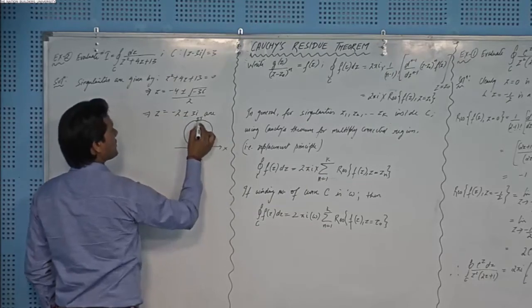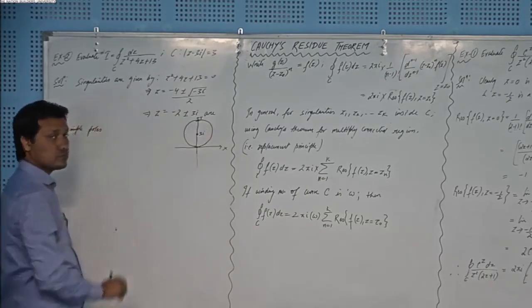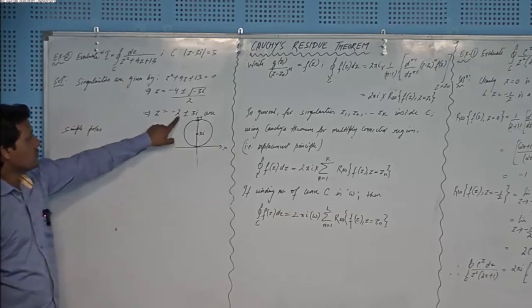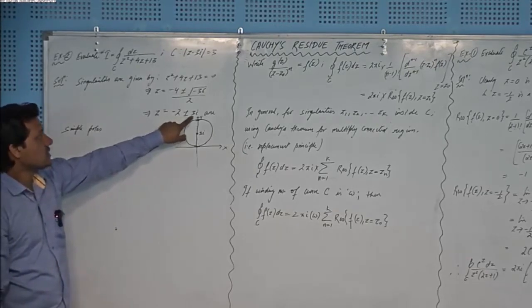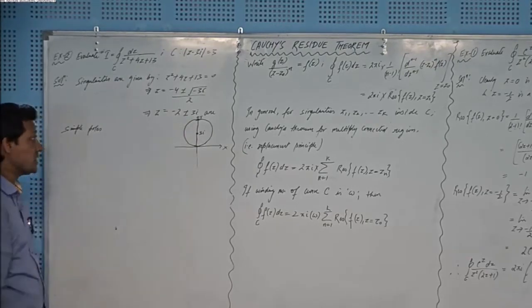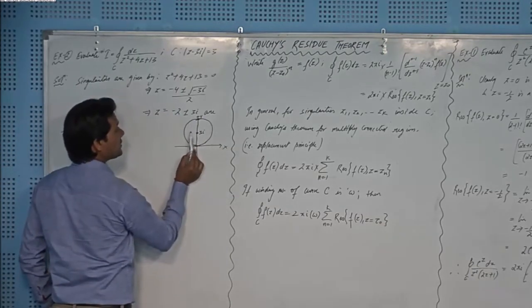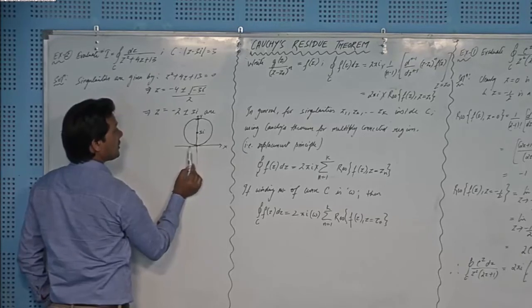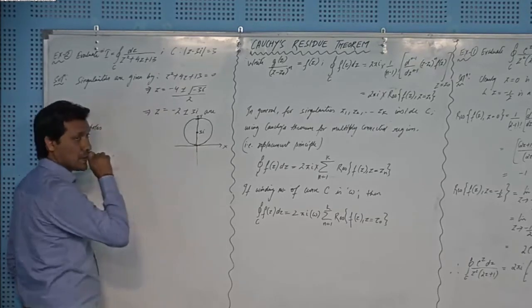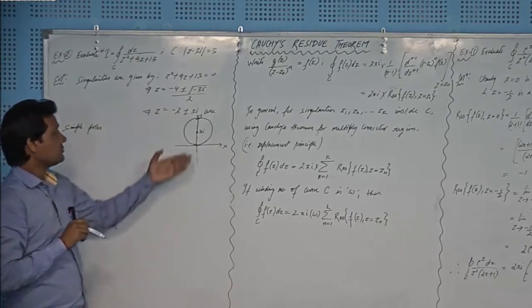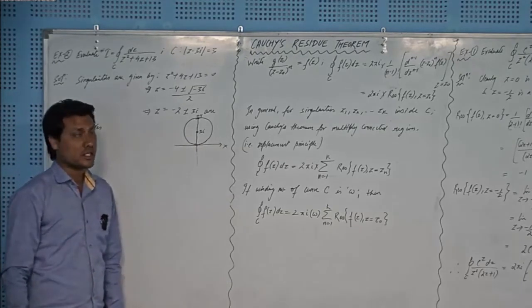This point is 0, this point is 6 iota. Now look at your poles. This is minus 2 plus 3 iota, and it is not easy to detect from the picture whether it will lie outside or inside, right?